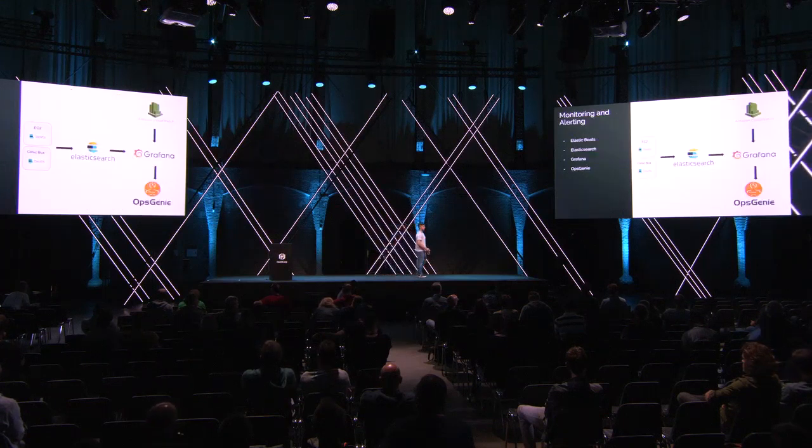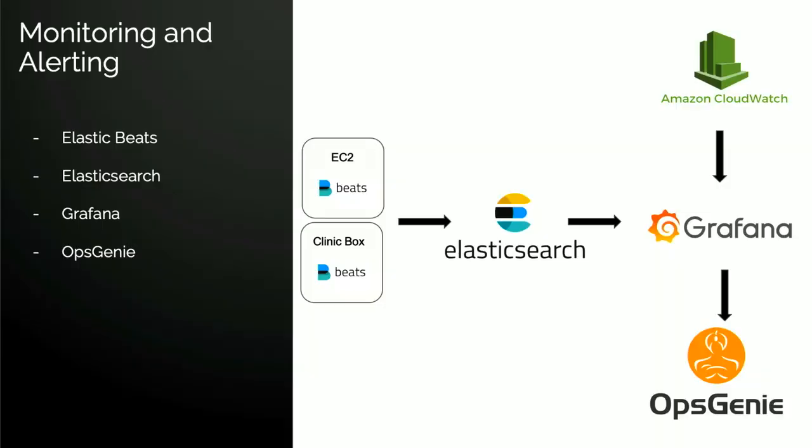When you have a hybrid cloud and distributed system, you need efficient monitoring and alerting, especially if you're a small team. You need something to tell you there's a problem so you don't go manually search for one. The way we do that is with this stack. We use Elastic Beats. Elastic is the company that does Elasticsearch. They act as lightweight agents in all the nodes in our swarm cluster.